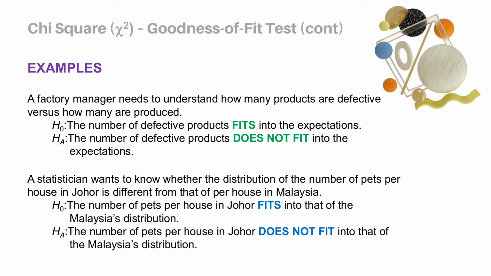So the null hypothesis can be written as the number of pets per house in Johor fits into that of the Malaysia's distribution, and the alternative hypothesis can be written as the number of pets per house in Johor does not fit into that of the Malaysia's distribution.